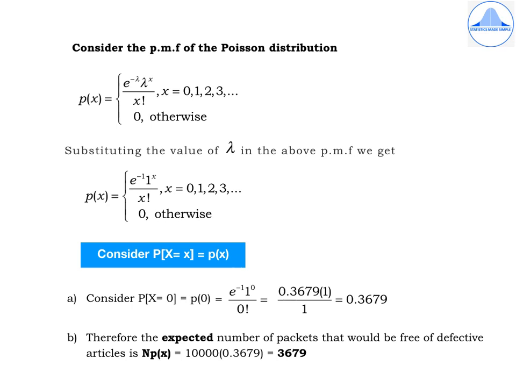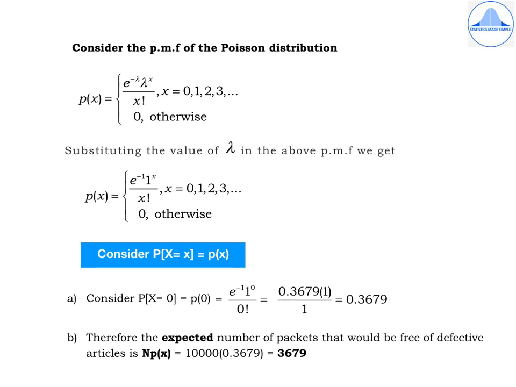Now in the second subdivision, they have asked you to find the expected number of packets that would be free of defective articles. Whenever they use the word expected, it means we need to find the expected frequency or the theoretical frequency.